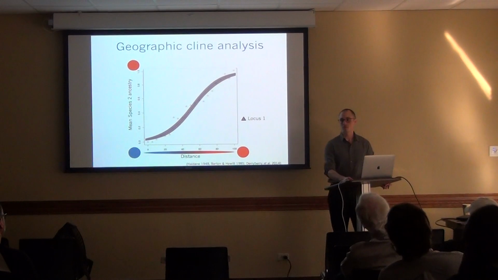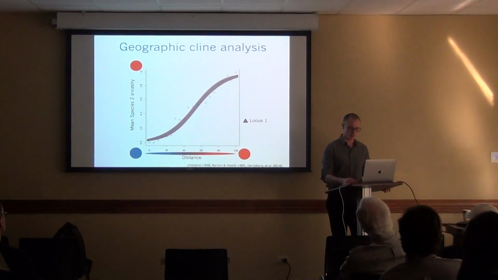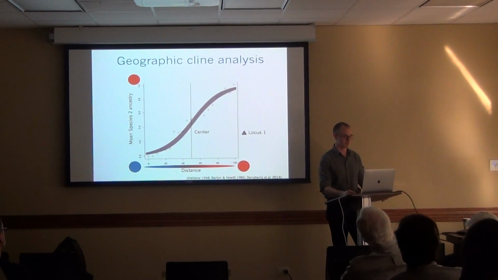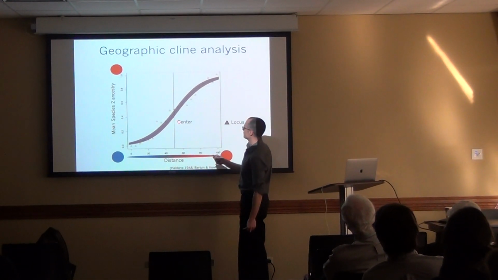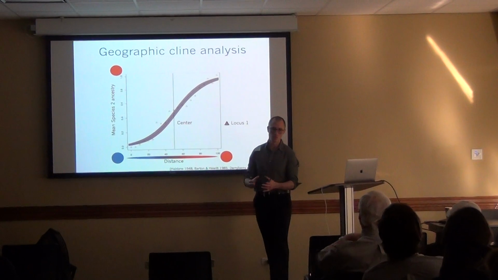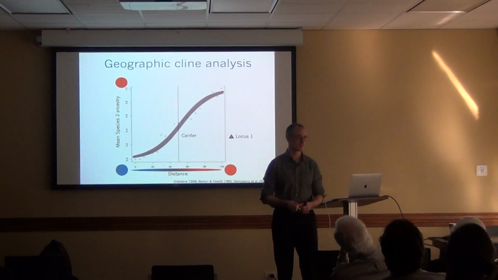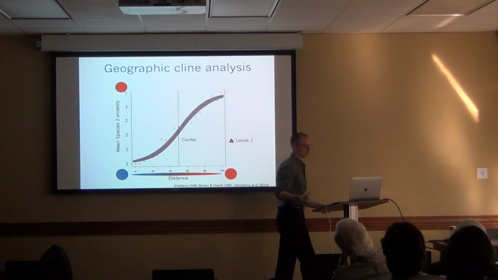Geographic cline analysis will tell you multiple parameters. The most important ones are going to be the center. The center of each cline is going to tell you the point where you have the most heterozygous individuals for that gene.